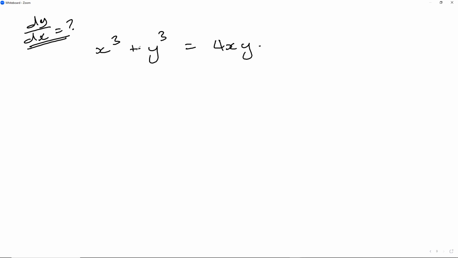So if I've got x cubed plus y cubed equals 4xy, and I want to find out what dy dx is equal to. The first thing is, I calculate the derivative with respect to x of the whole function, each term separately.